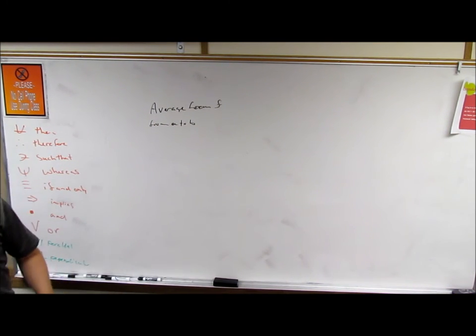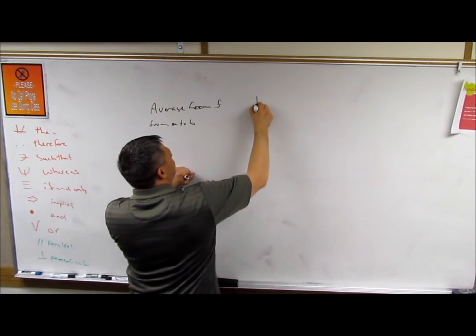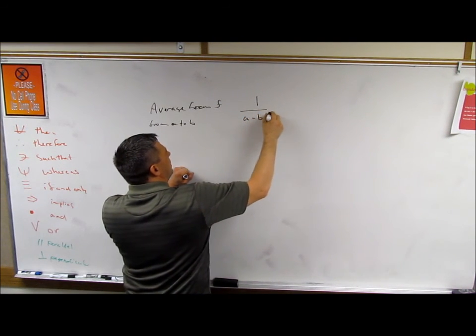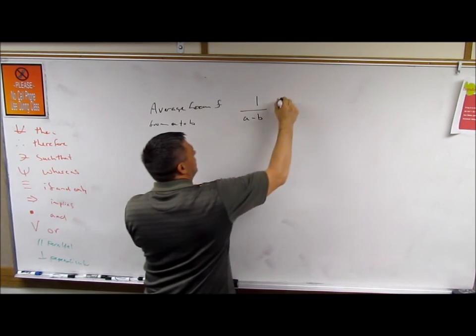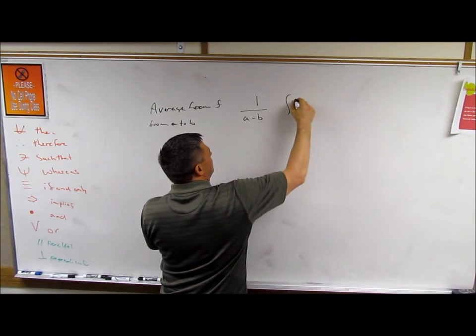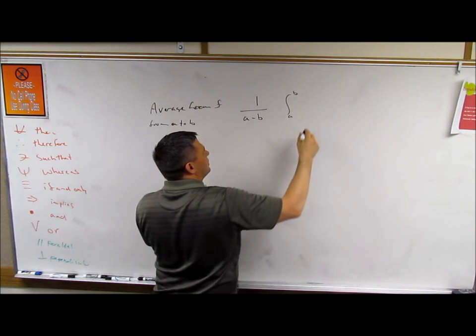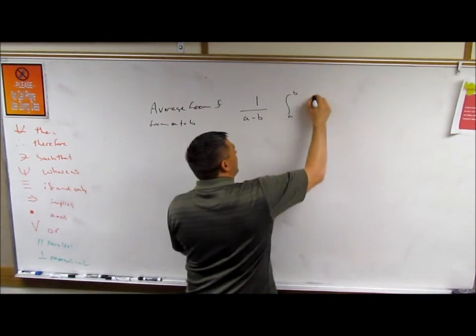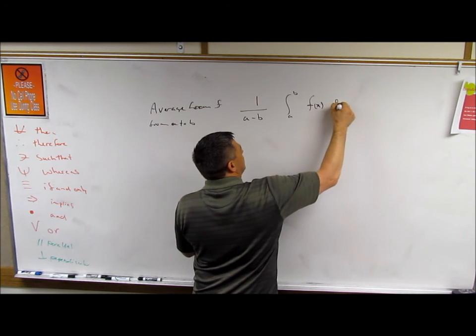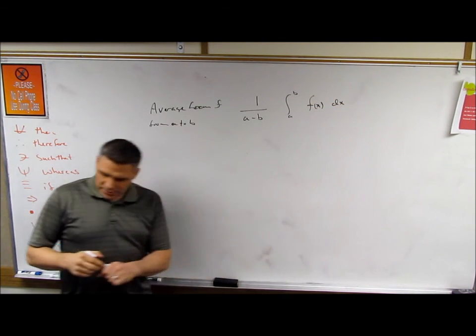And the way we're going to express this is 1 over a minus b of the integral from a to b of the function f of x dx.